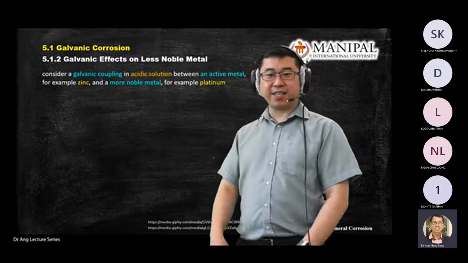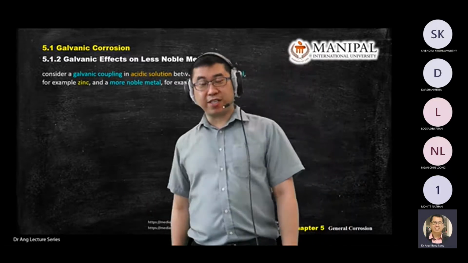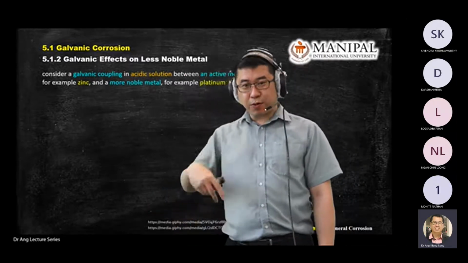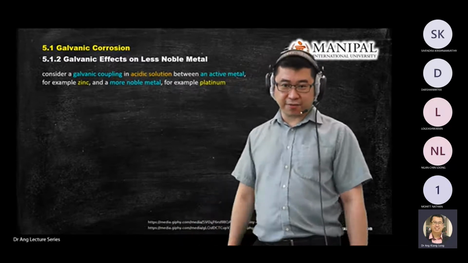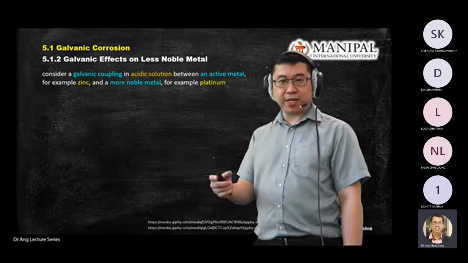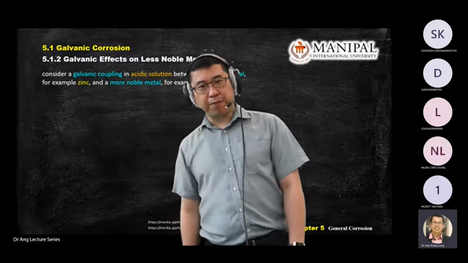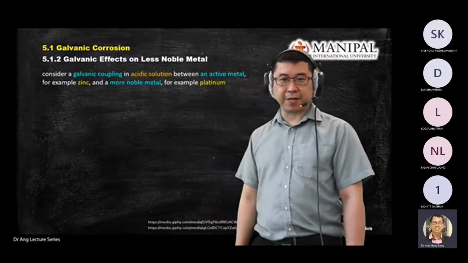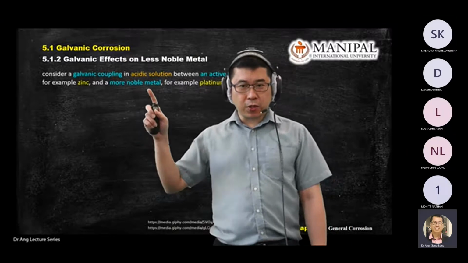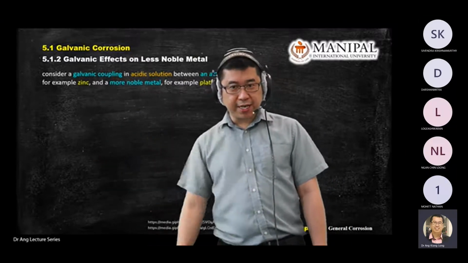We put zinc in to disturb the system, and zinc will give electrons and sacrifice itself. Zinc is also not expensive, so you can always replace zinc in the system. Okay, so we look at platinum and zinc.